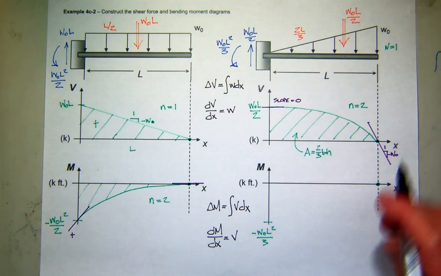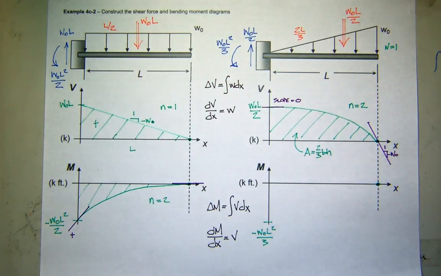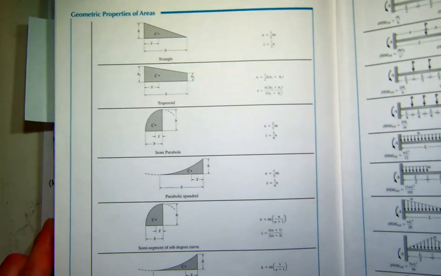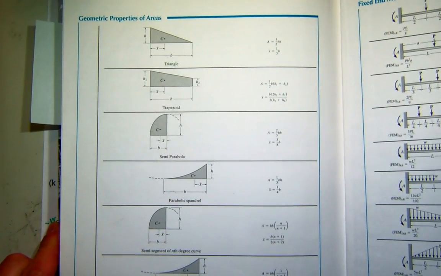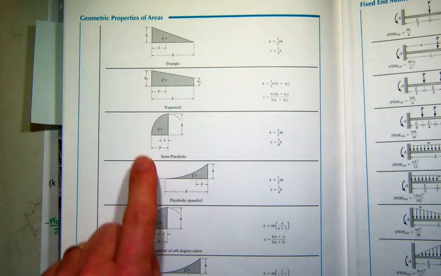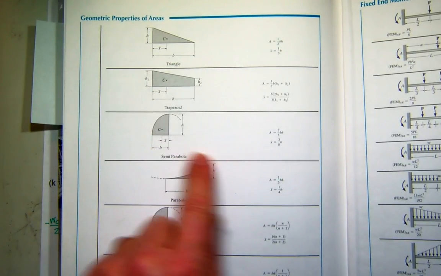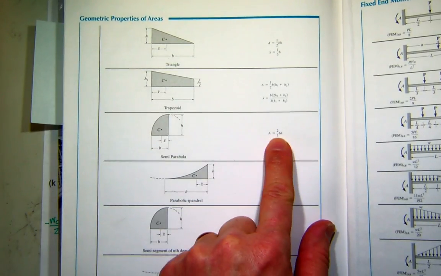If you don't know that, I would encourage you to look at the front of your book, or maybe it's the back. It's the back. So let me slide this in here real quick. Here's your book, and you'll see areas and centroids of shapes, and the one that we're doing right now is this one. It is 2/3 base times height.